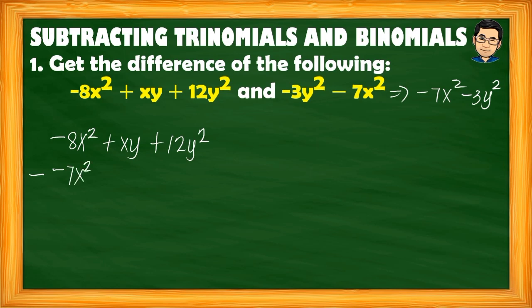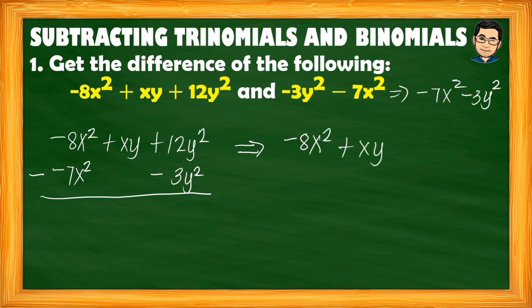And then, minus 3y squared. Yan po yung original. And then, i-change natin yung sign ng subtrahend. Copy lang natin yung minuend. Ayan.